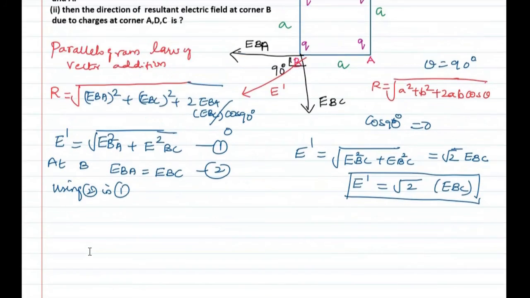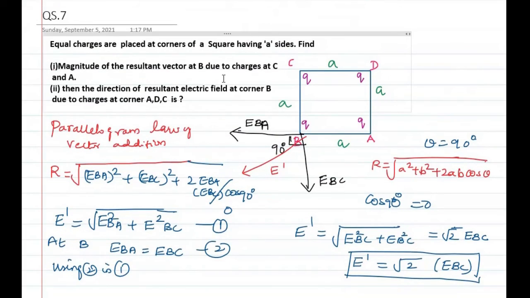Now they asked what will be the direction of the resultant electric field. The resultant field due to C and A we have drawn. Now due to D, the diagonal field: if you see diagonally, both are positive charges, so they get repelled.